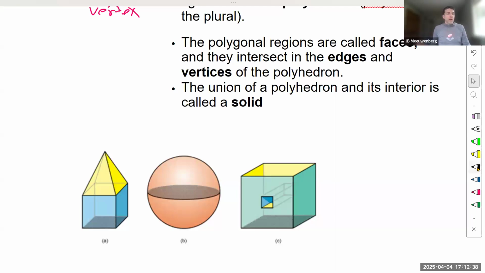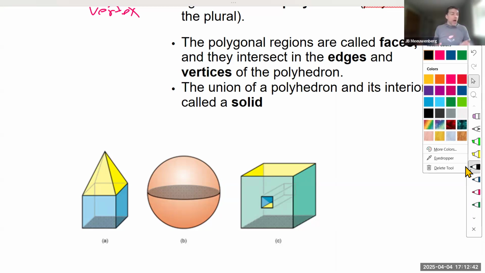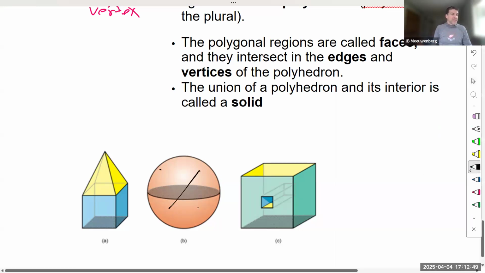So if we go back to how we described it, a polyhedron has to have flat sides. So what does that rule out? It rules out B, right? This is a sphere, it doesn't have flat sides, so that doesn't have polygonal sides.